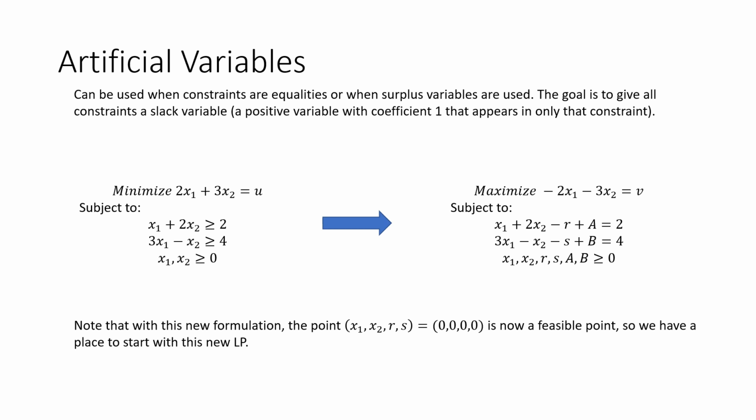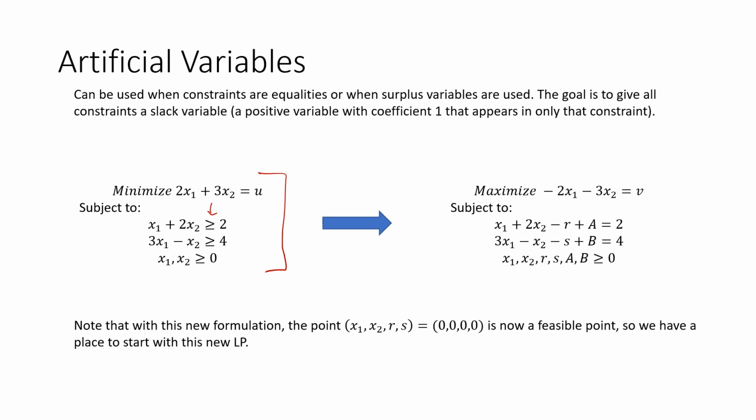If you remember from slack and surplus variables, slack variables satisfy that. Surplus variables don't, because they have a coefficient of -1. So if you take this example and add in your surplus variables, which you need because you're dealing with greater than or equal to constraints, we don't have that condition.